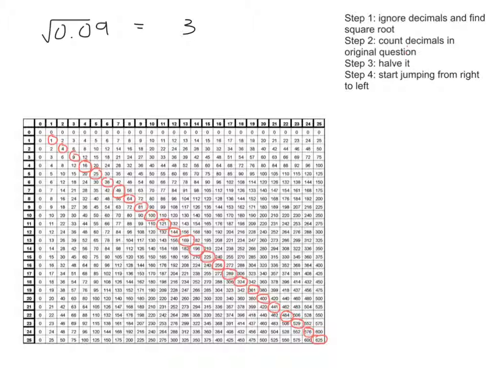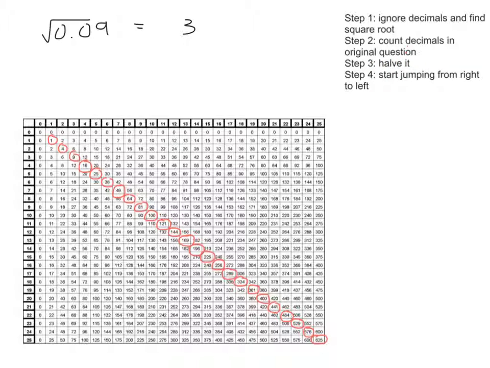So the next step is count decimals in original question. So I can see that there's 2 decimals here, 1, 2. Step 3 is halve it. So half of 2 is 1. Step 4, start jumping from right to left according to the number of decimals we found in step 3.